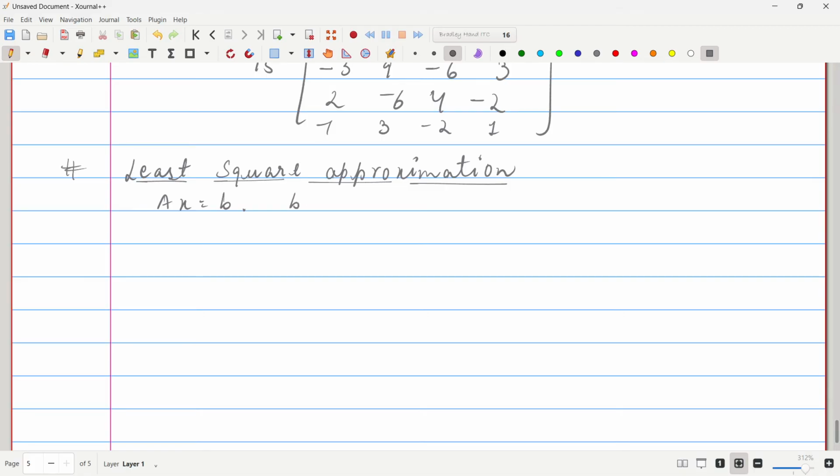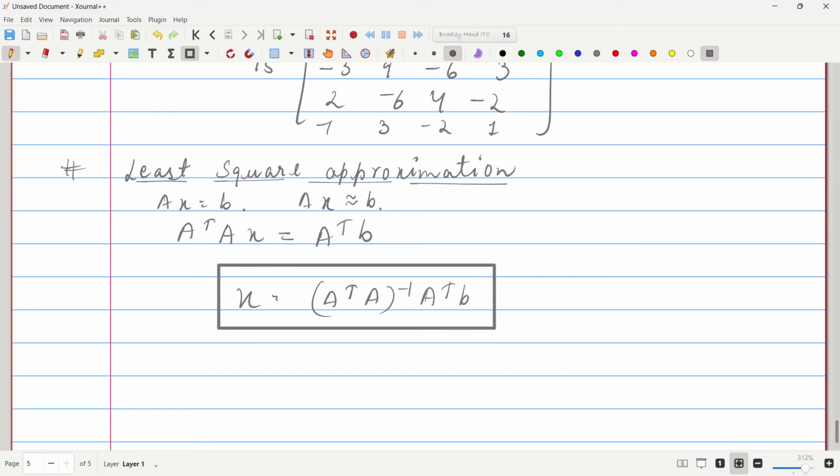We are considering Ax maybe equal to b. So we can say that A transpose A into X is equal to A transpose B. So X is A transpose A inverse A transpose B. So this is the formula for finding the least square approximation.